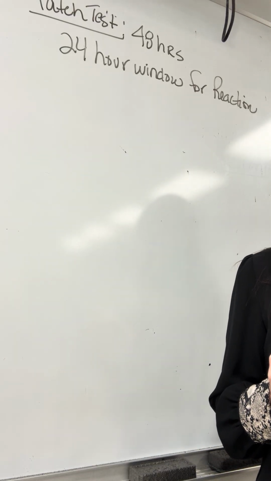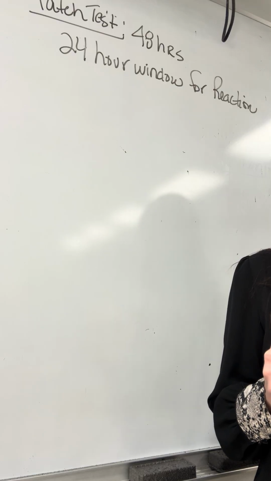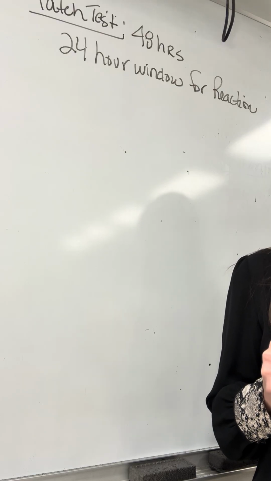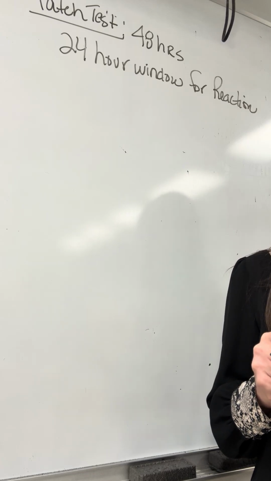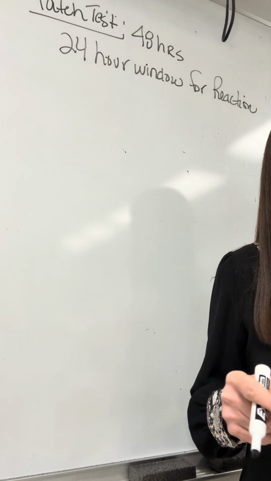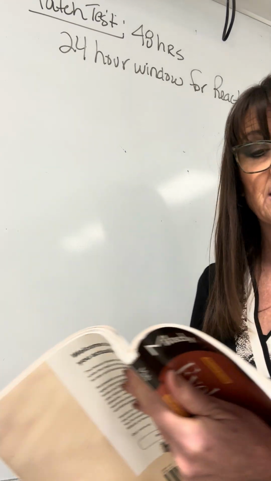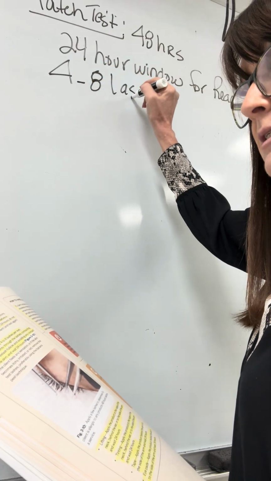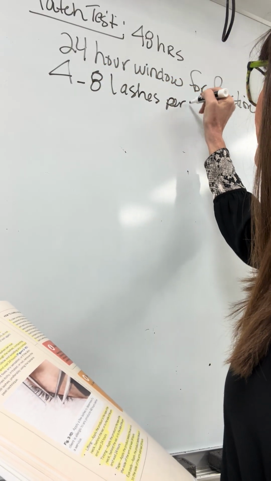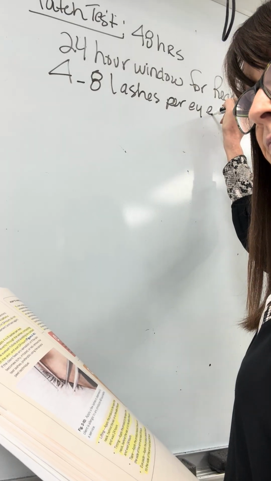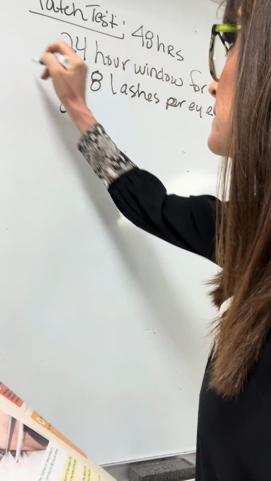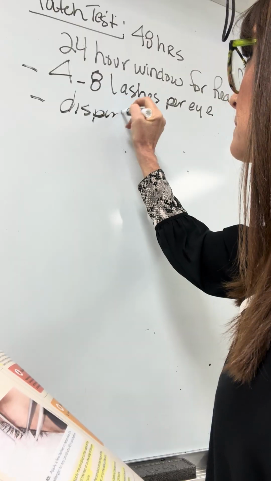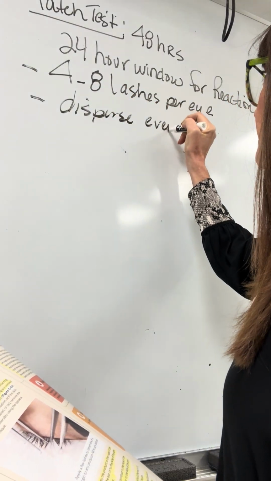The adhesive: apply 4 to 8 lashes per eye. Disperse evenly through the lashes, contacting only the eyelash follicle and avoiding any contact with the skin, and wait 24 hours. So that is how you perform a patch test. 4 to 8 lashes per eye, dispersed evenly, right?